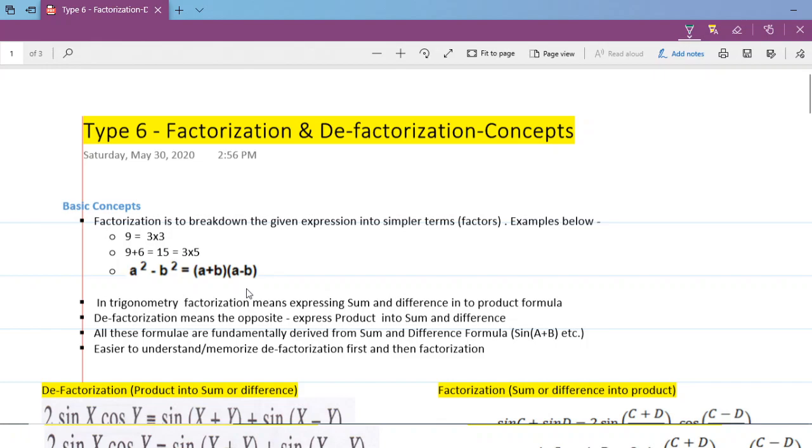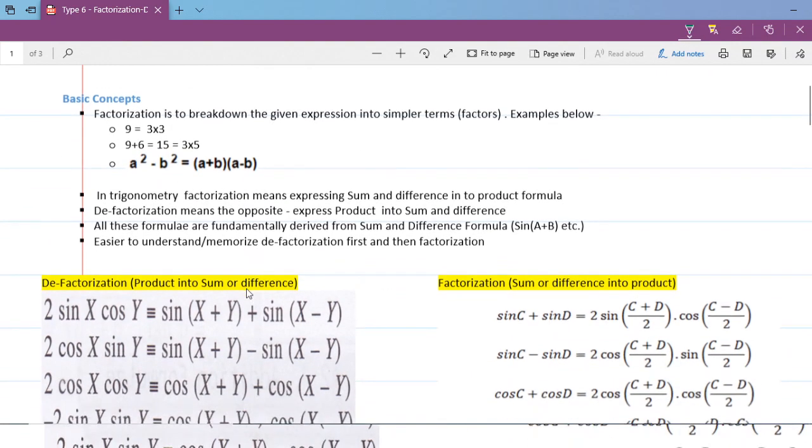In trigonometry also, it has the same relevance. The only thing is, in trigonometry, when you say factorization, the formulas are pretty much defined, so you don't have to worry about how to factorize.